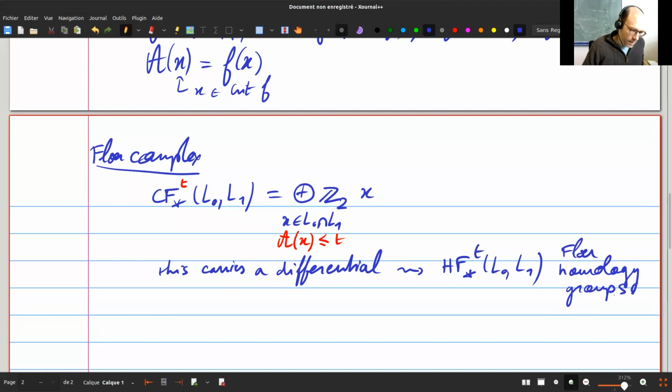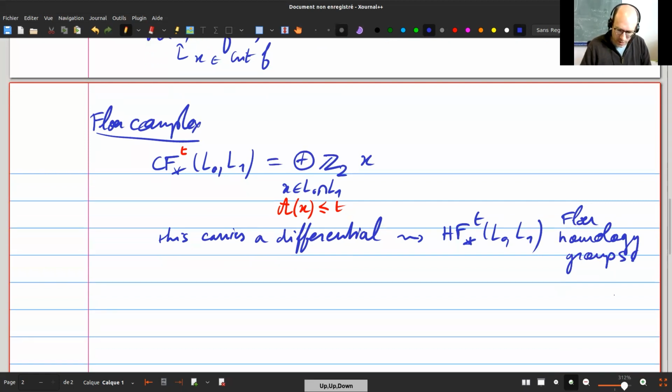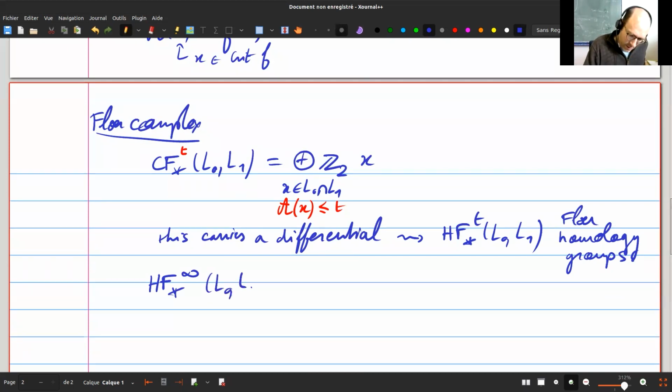In fact it's been computed: if you consider the whole vector space, so when T equals infinity, when you get all intersection points, then it's isomorphic to H star of M, the cohomology of the base manifold.